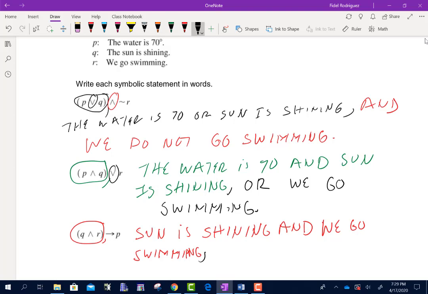Comma. Then I'm going to put the then because that is an arrow, so I have to put in front of it if the sun is shining and we go swimming, then P, the water is 70 degrees. And we got it done, right?